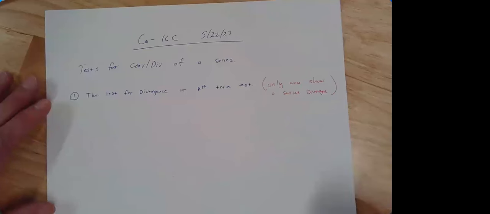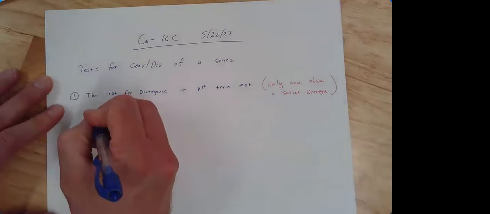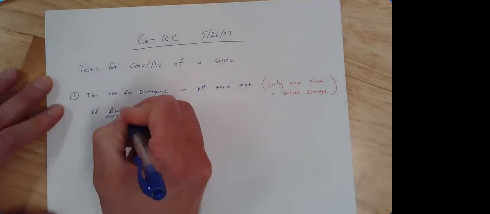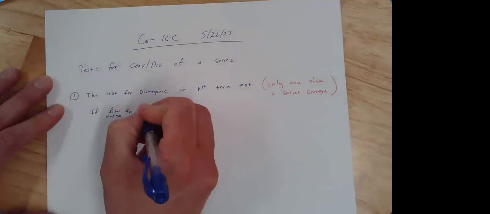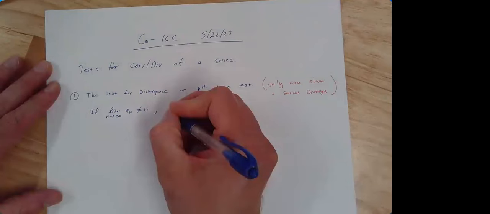So here's the test. It's the following. If the limit of the sequence is not zero, including non-existing, you can have a limit that's bouncing back and forth between -1 and 1. That's not equal to 0. Then you can say the series diverges.